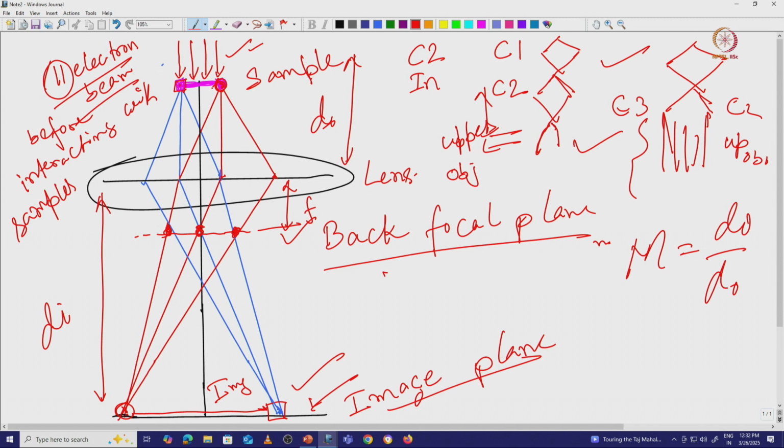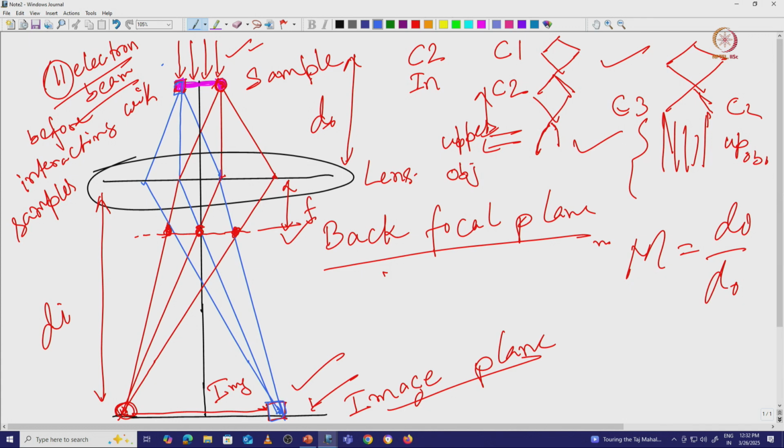So, all these rays are coming from the circle, merge here and give us a circle. All these rays are coming out from the square. So, all these are blue color, from the square it is coming, and these blue colored rays converge in one particular point and give us this square.